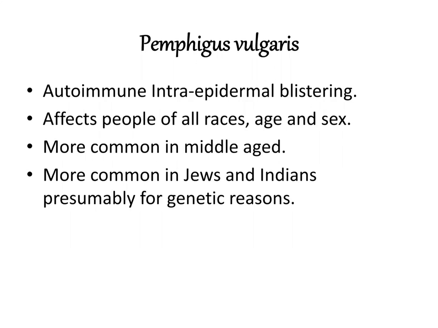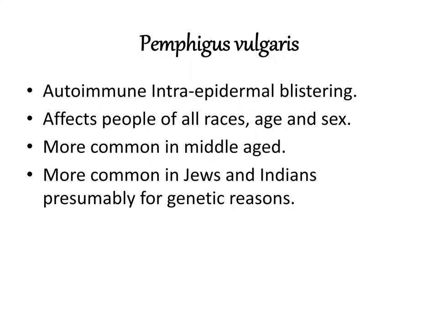So in pemphigus vulgaris, there is damage to desmosomes causing intraepidermal blistering. So hope you can remember the desmosomes are the cell bonds which are binding two keratinocytes to each other.